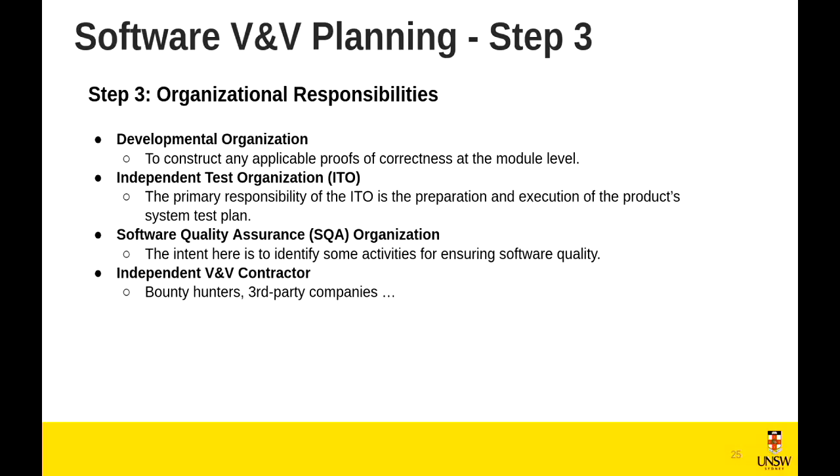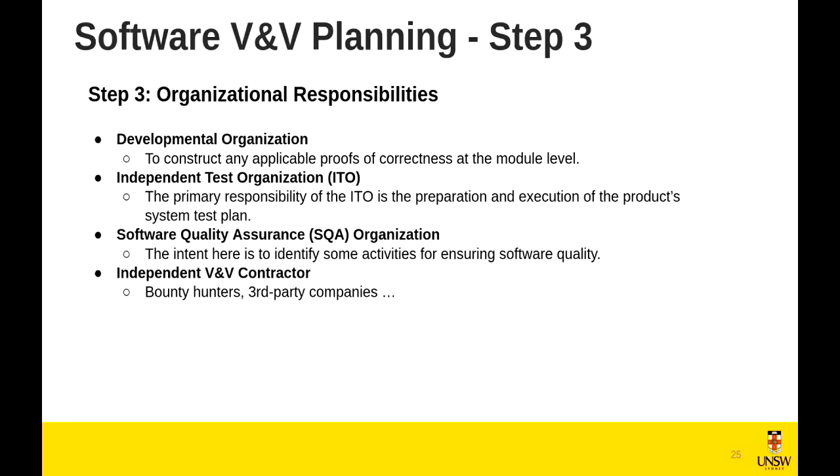And the last one is independent V&V contractors. Like I mentioned, for some small companies, they don't have enough time and money to maintain an internal testing team, so they may outsource the testing tasks to third-party testers.